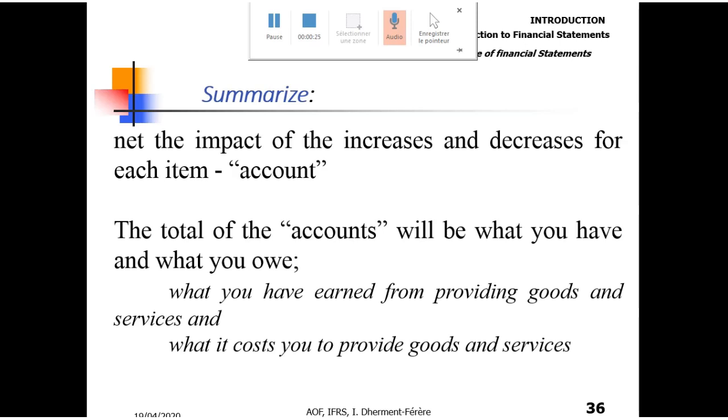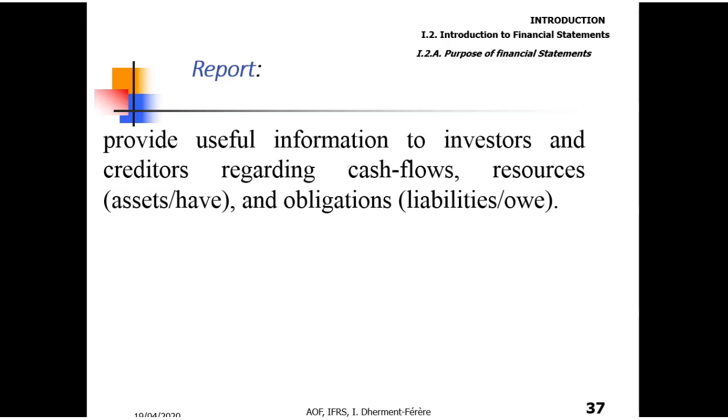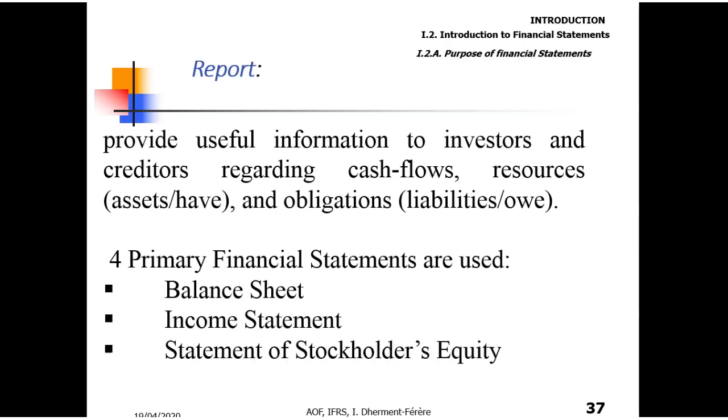Report. Provide useful information to investors and creditors regarding cash flows, resources (assets, what you have), and obligations (liabilities, what you owe). Four primary financial statements are used: balance sheet, income statement, statement of stockholders' equity, and statement of cash flows.